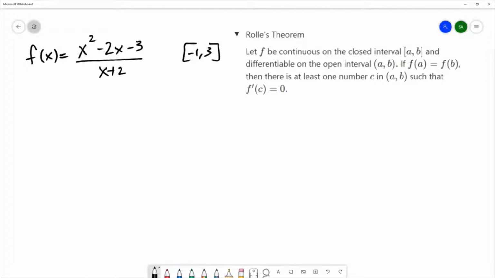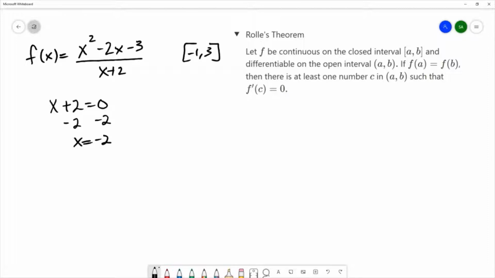This function is a rational function. I can find where it's not continuous by setting the denominator equal to 0, because division by 0 is undefined. I set the denominator equal to 0, and I find that x equals -2.